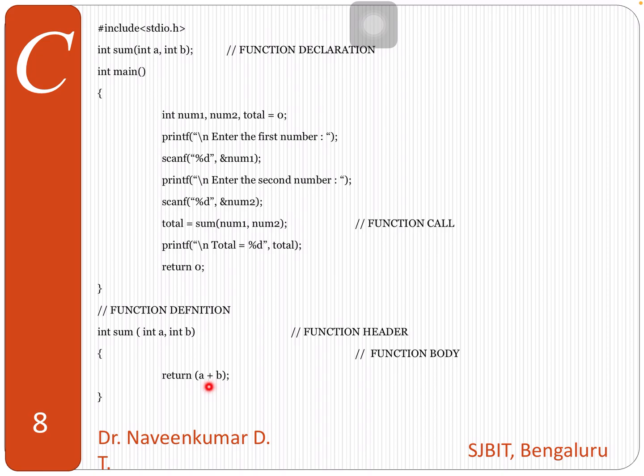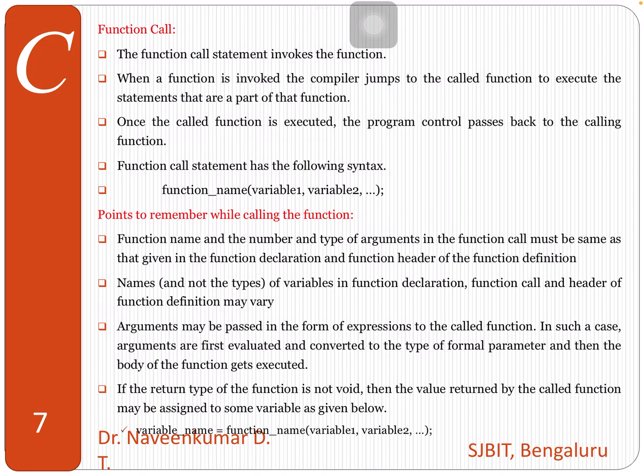In this case it is simple addition. You can interchange num2 and num1, but in some particular cases, for example division, if you interchange these two, then instead of A by B, it will become B by A. So during that time, the result you get may be erroneous, right? This is what should be kept in mind when we write the program.